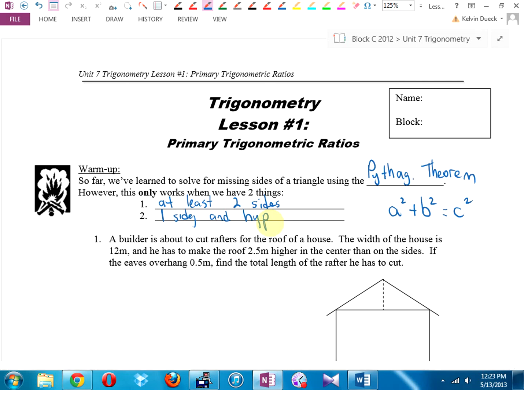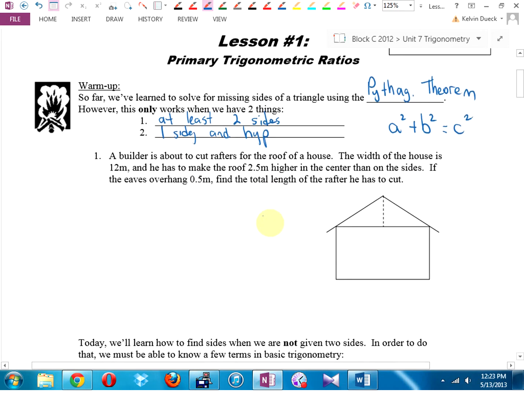As an example, a builder is about to cut rafters for the roof of a house. The width of the house is 12 meters. Why not label that? And he has to make the roof 2.5 meters higher in the center than on the sides.